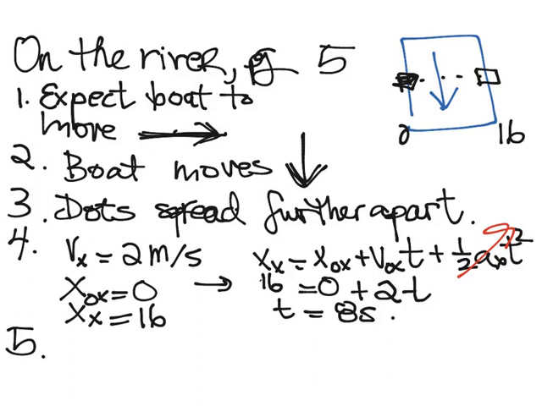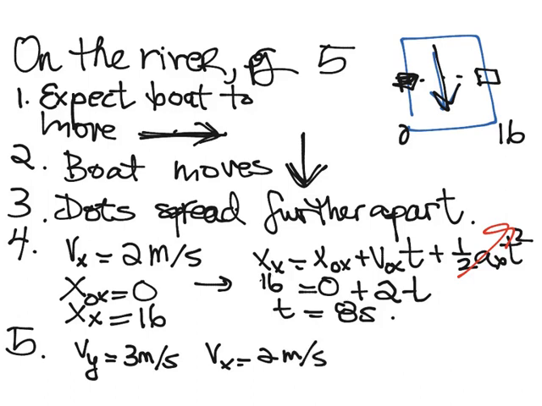Okay, number 5, it asks a bunch of questions. So first of all, now the river is 3 meters per second. And remember, the river's moving downwards, so I'm going to say Vy is equal to 3 meters per second. And the velocity of the boat, Vx, is equal to 2 meters per second.